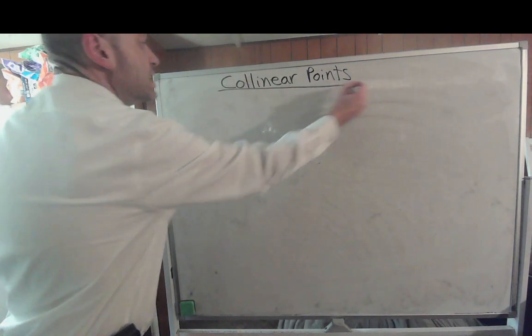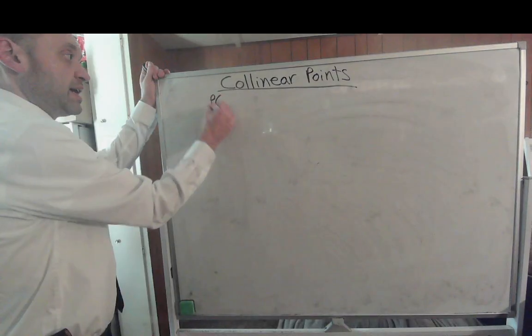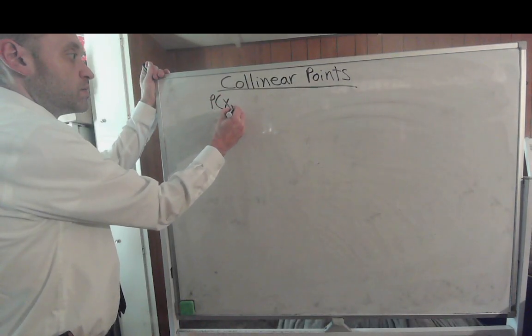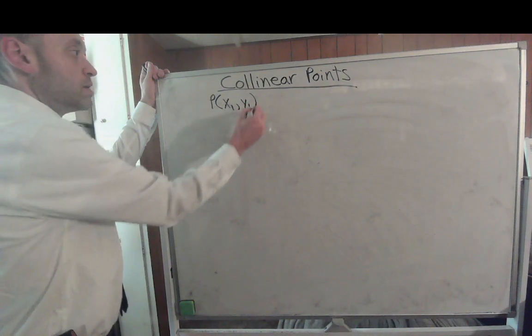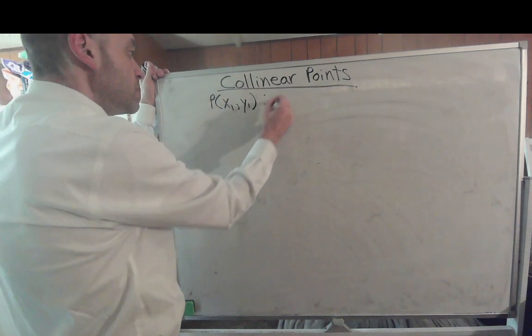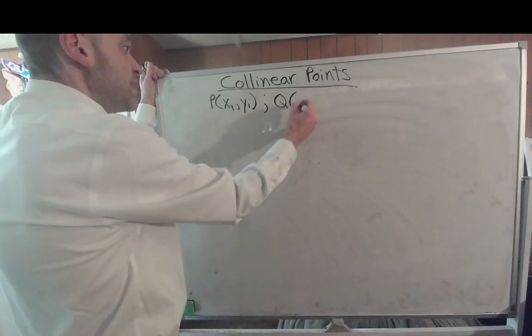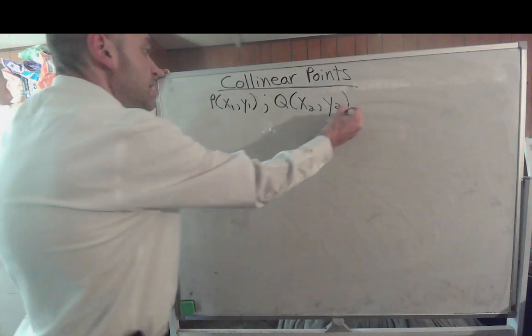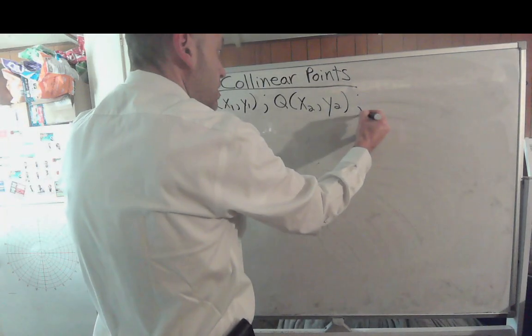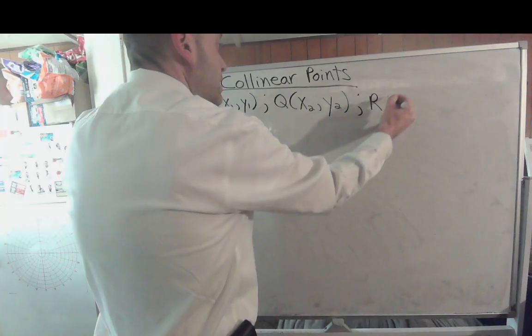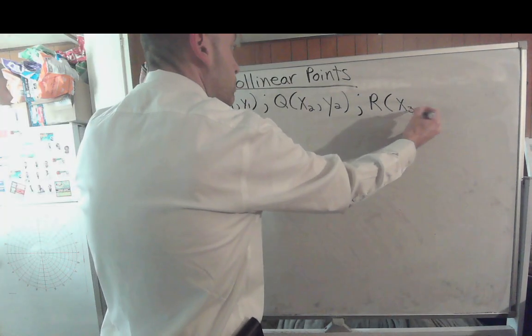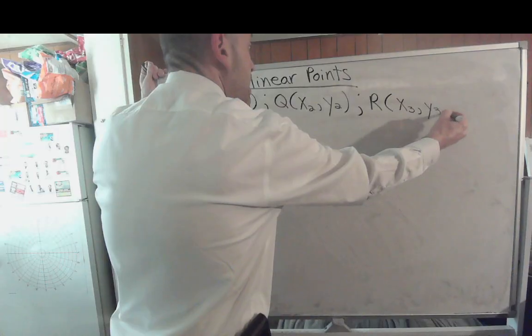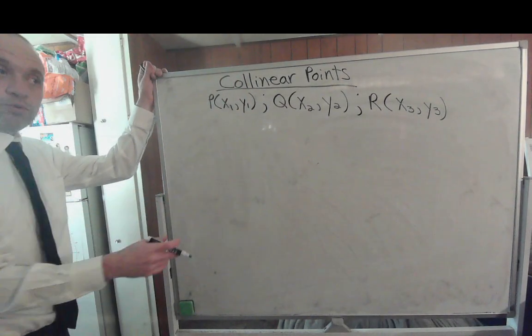So let's say again I have point P, some x1, y1, a point Q, where I have some x2, y2, and then I have some point R that's going to be x3, y3. I want to determine, are these 3 points collinear?